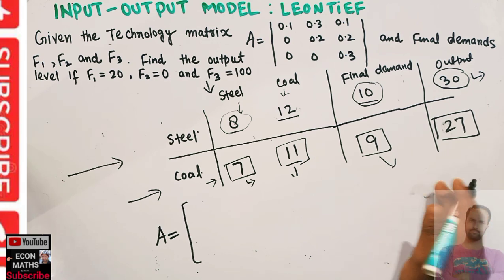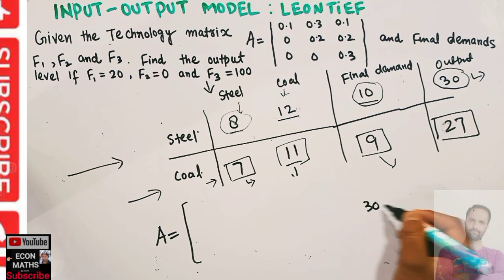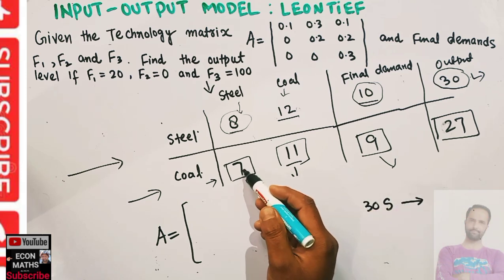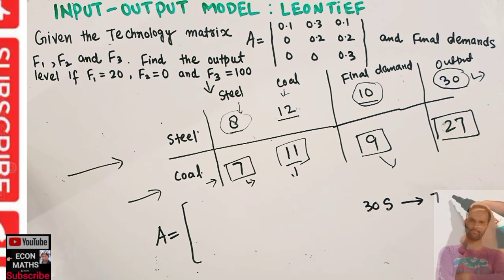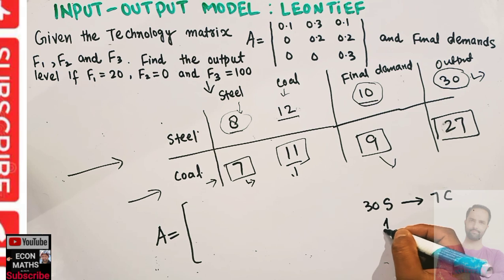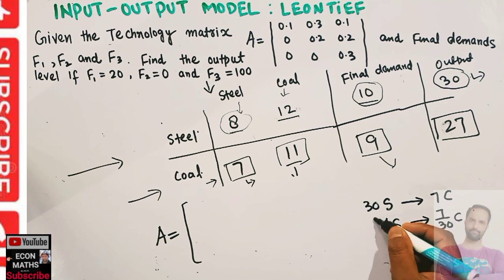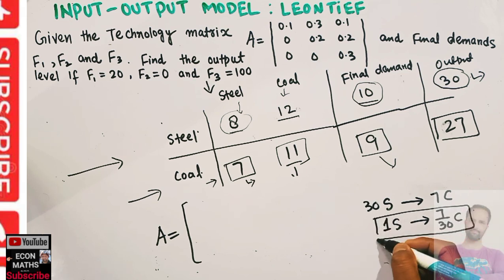If we are producing 30 units of steel, it requires 7 units of coal. Now to produce 1 unit of steel, we will need 7 by 30 units of coal. That is how we form the technology matrix.